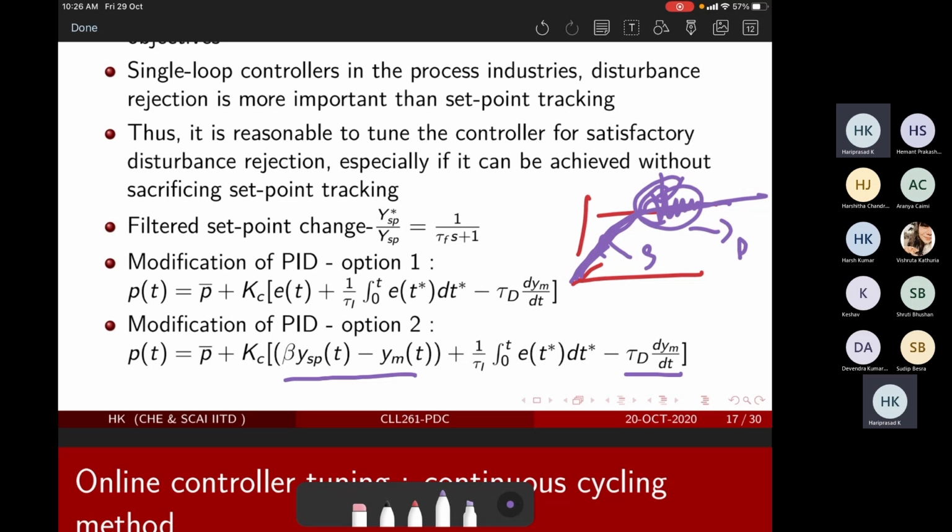As a result, the derivative term, because derivative is E minus E of the previous step, will be affected. If the error from the previous to this step is large, these terms would be very strong. Eventually these would push in a lot of pressure. So you can use a filtered set point to avoid this.